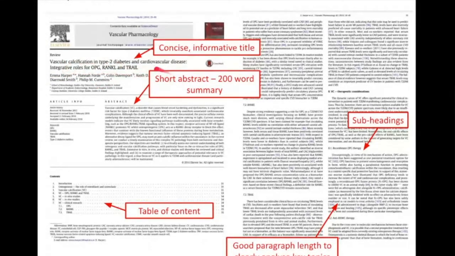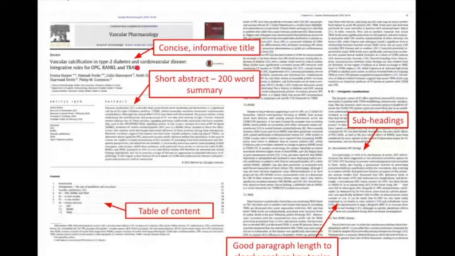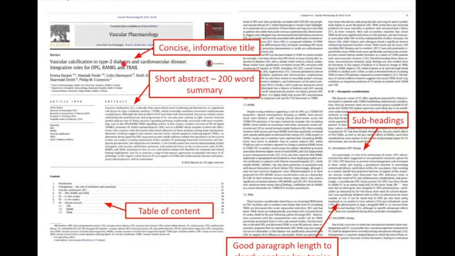So if you can determine what the title is saying, to me, this author studied these three types of genes, OPG, RUNX-L, and TRAIL, in type 2 diabetes and cardiovascular disease, focusing on vascular calcification.